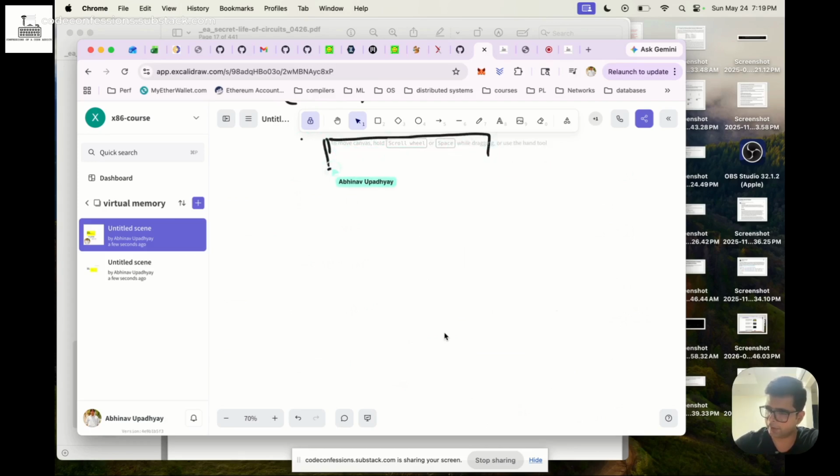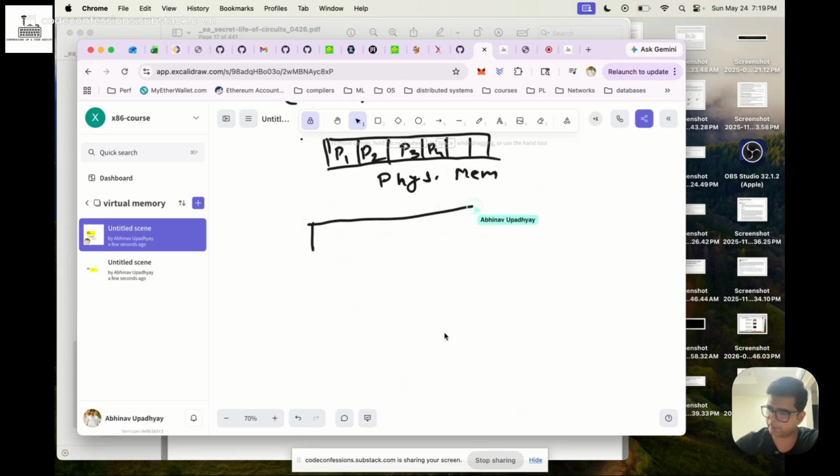So we have our physical memory, P1, P2, P3, P4, and so on. Now we are adding one layer of indirection, which is virtual memory. This also has addresses, so we are calling it V1, V2, V3, V4, V5, V6, V7, and so on.